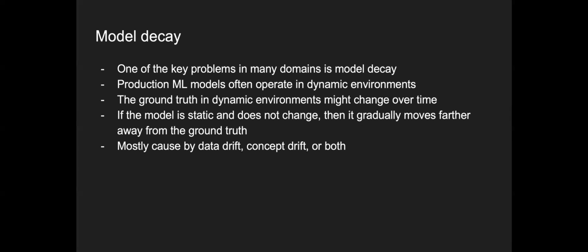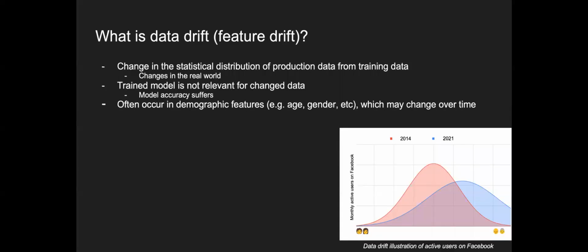So let's look at what data drift is, also known as feature drift. Changes like this often occur in demographic features. It's the statistical distributions of production data differing from training data, so it is changes in the real world. The trained model is not relevant for the changed data, and therefore the model accuracy suffers.